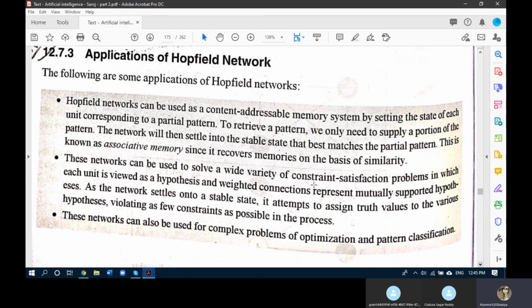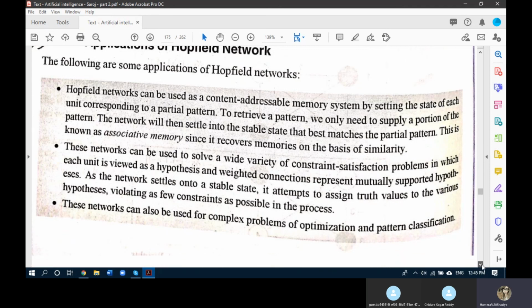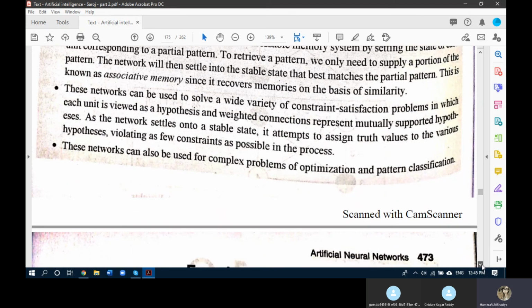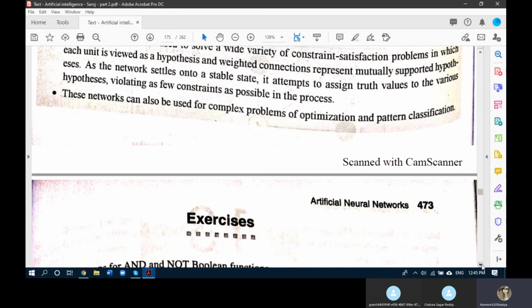These networks can also be used to solve constraint satisfaction problems, which are CSP. We looked at that puzzle problem, the cryptarithmetic problem, that is a CSP problem. And these networks are also useful for optimization and pattern classification.